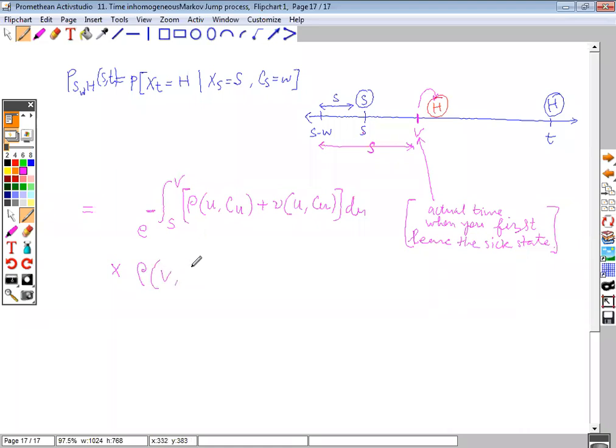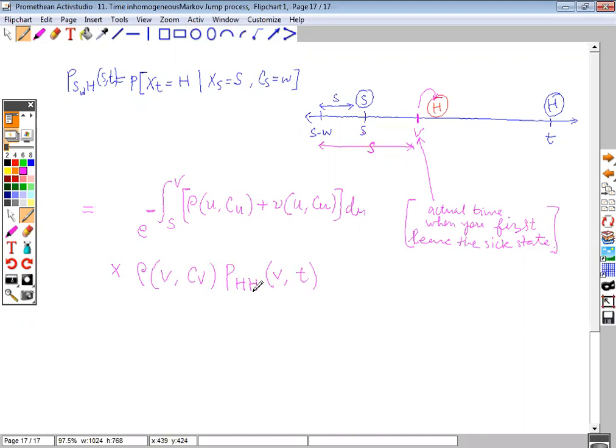So I will have V and C V. All right, and then I'm staying in the healthy state at time V, and I find myself in the healthy state again at time t.